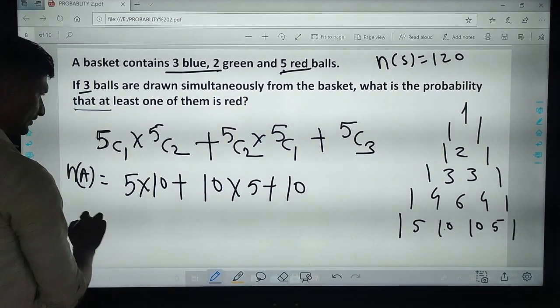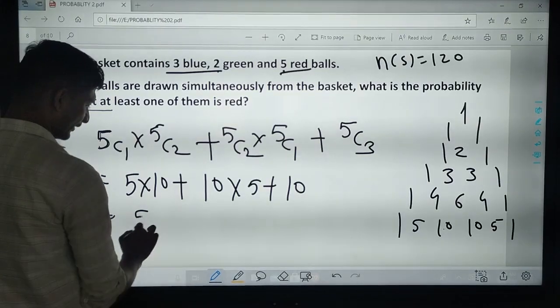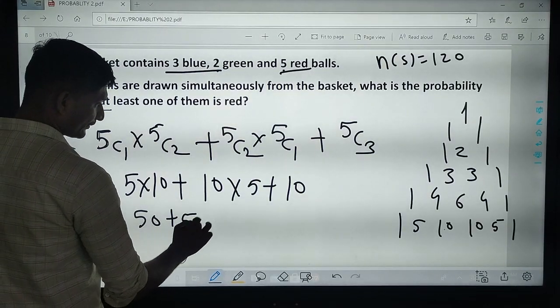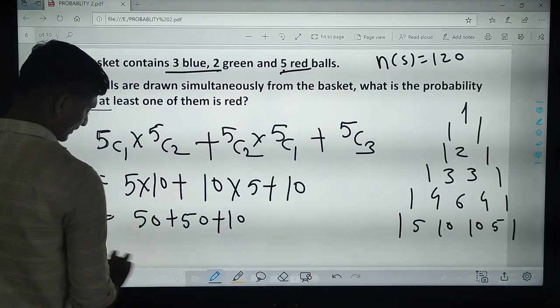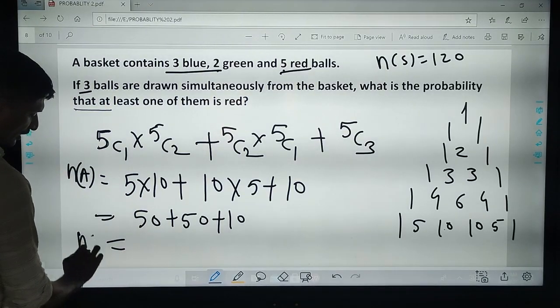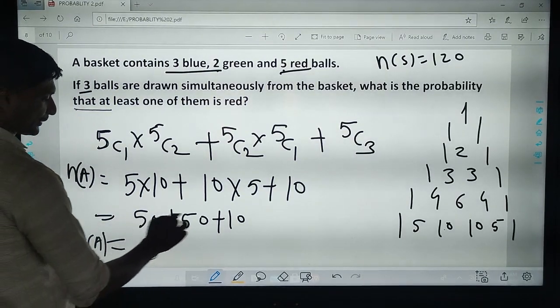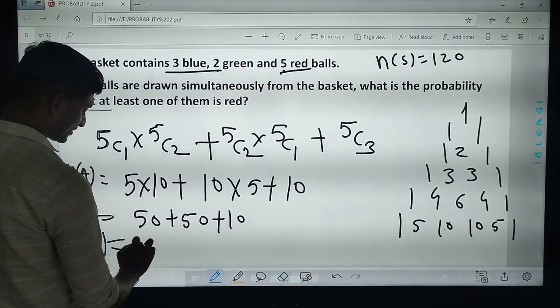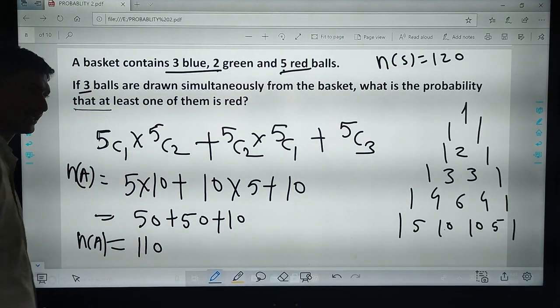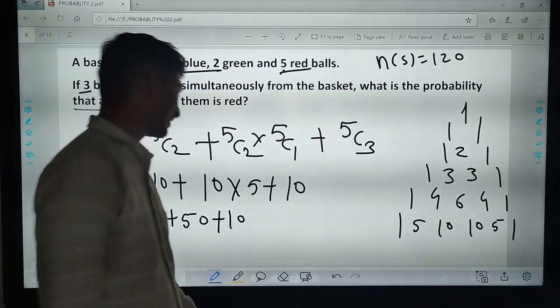Now we find 50 plus 50 plus 10, that is 100 plus 10, 110. n of A is equal to 110.